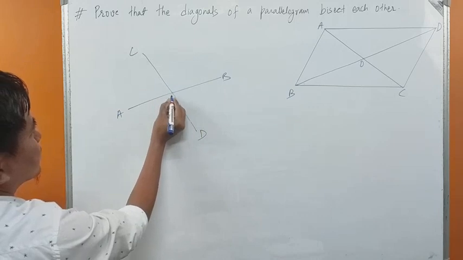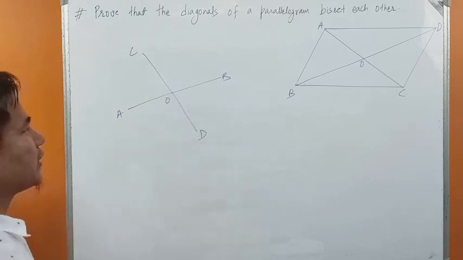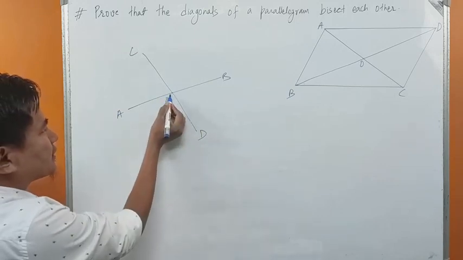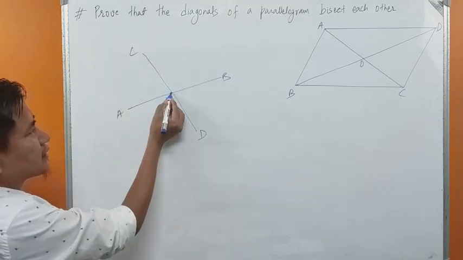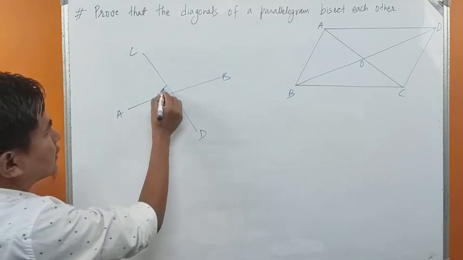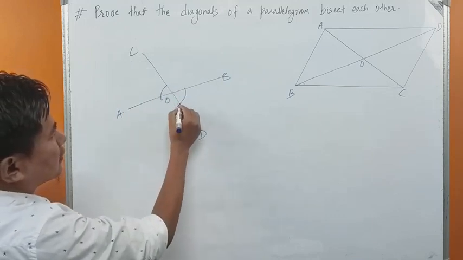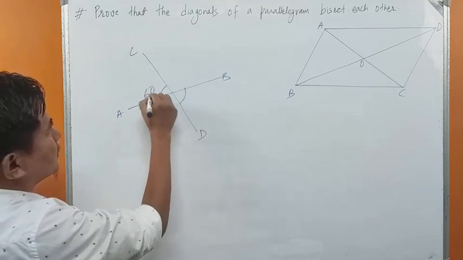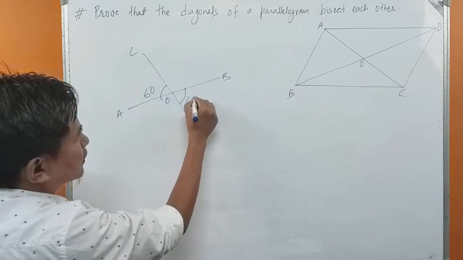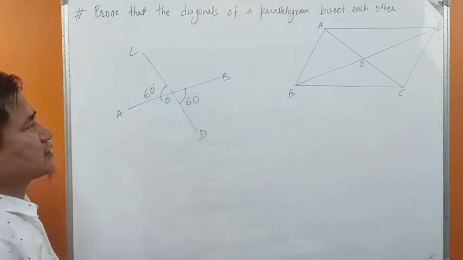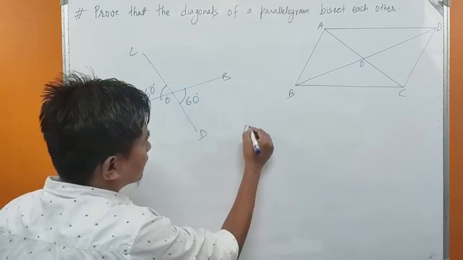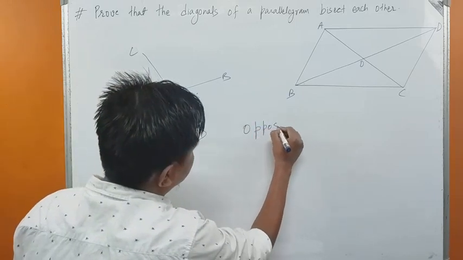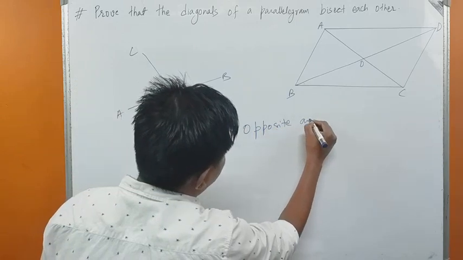This point of intersection is named as O. If AB and CD intersect at the point O, then this angle must be equal to this angle. If this is 60 degree, this must be equal to 60 degree, just an example. 60 and 60, these angles are called opposite angles.